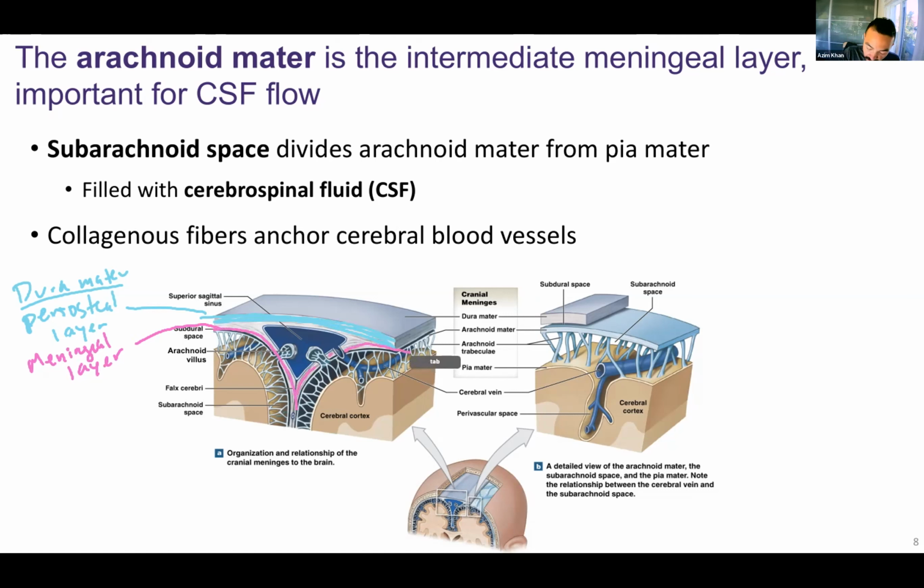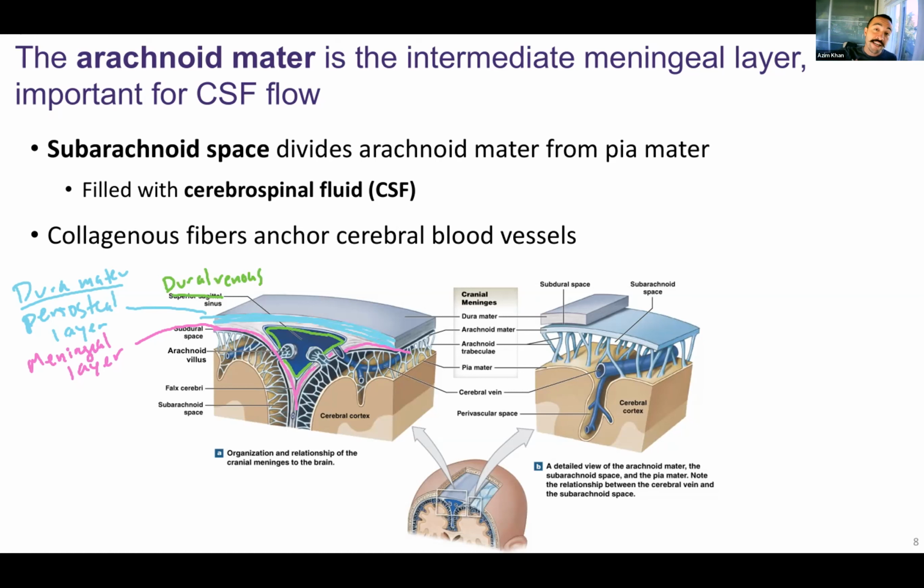And then you can see one example of a dural venous sinus. Don't worry about the specific name of it. There's multiple specific ones, but we'll collectively call them dural venous sinuses in between the two layers.